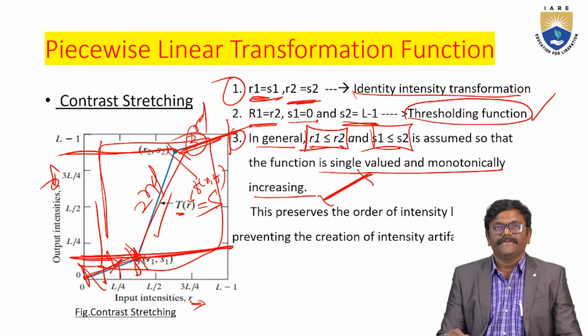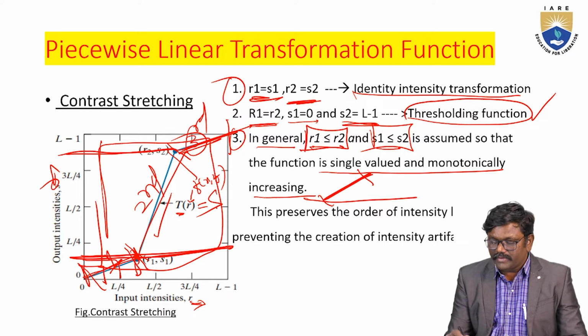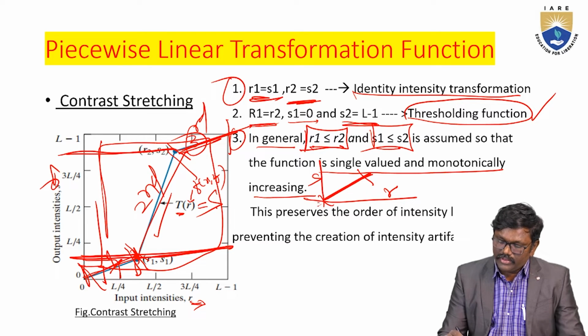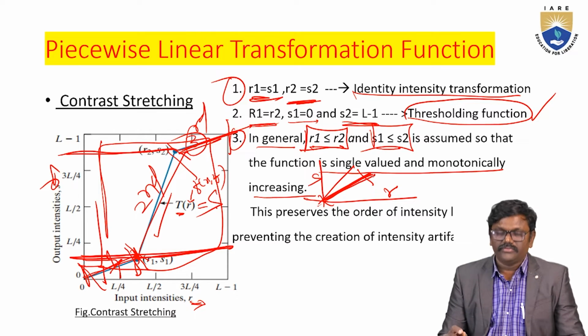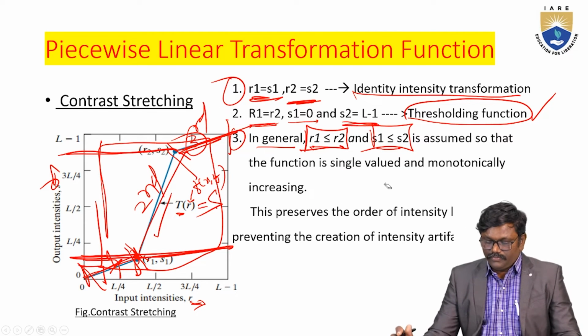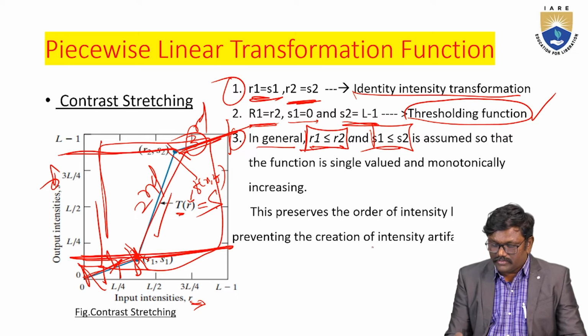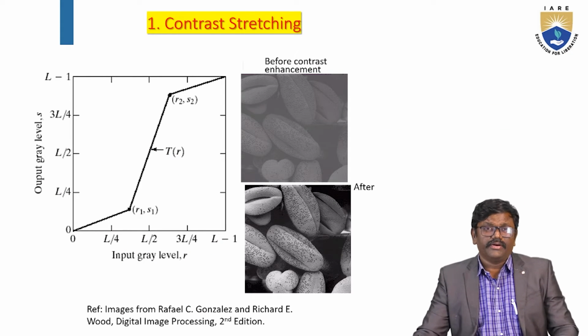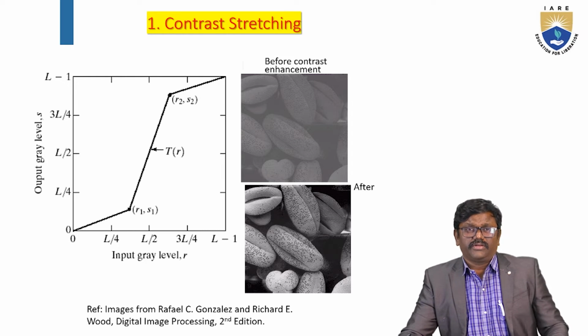This is the x-axis, this is the y-axis, your r value and s value. It does not go straight; it is a sudden change. That is what we want to understand from here. So we are going to see this creation with a little bit of image stretching applications.